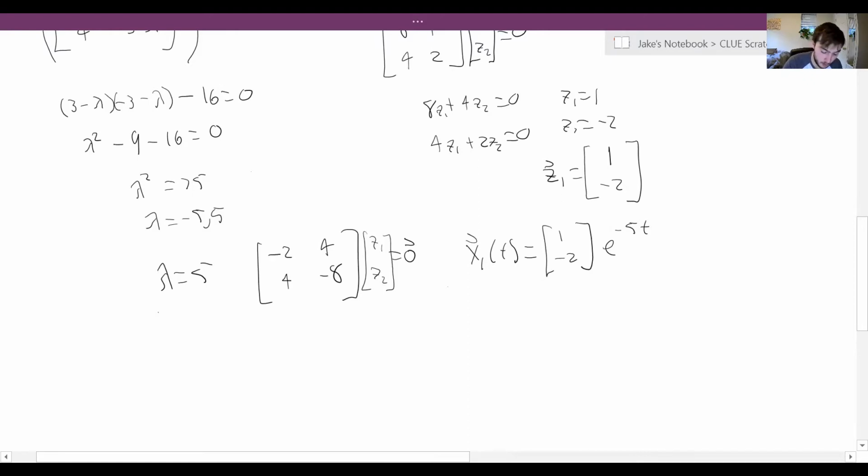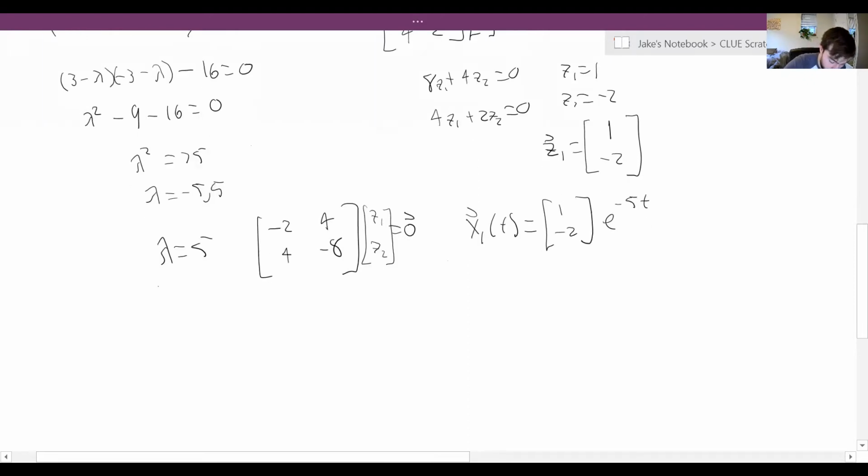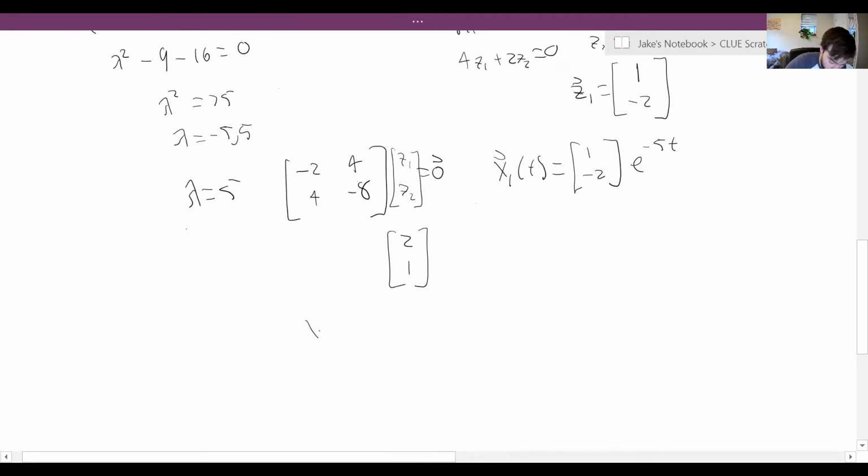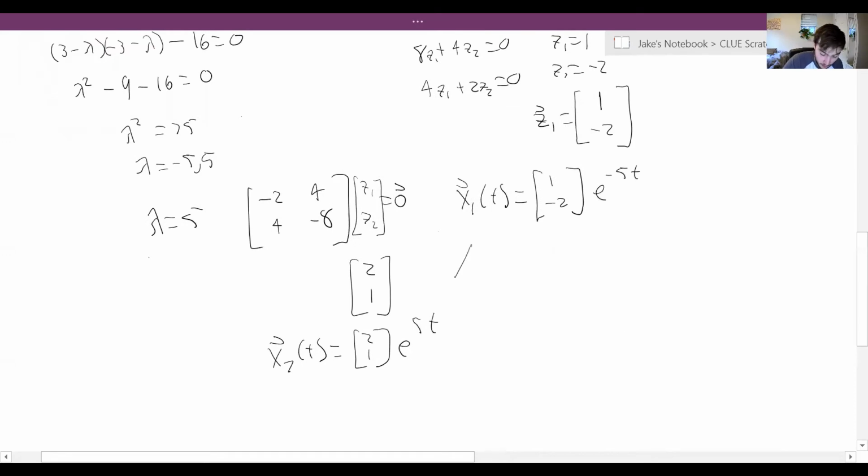So that zeroes out both of them. So 2, 1. Cool. So now we know that our x2 of t is equal to 2, 1 e to the 5t. Okay, so now we've got our two solutions.